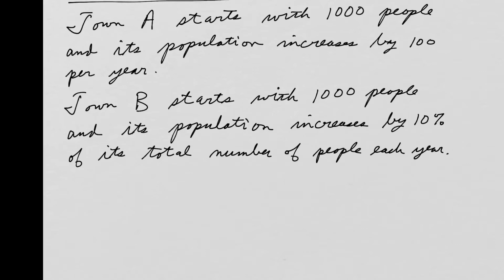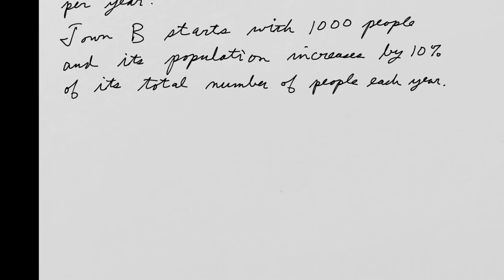Okay, so what I want to do is create a little table that gives the population for town A and town B for each year, like year 0, year 1, 2, 3, 4, and so on. Okay, so let's create that table. There's going to be 3 columns.